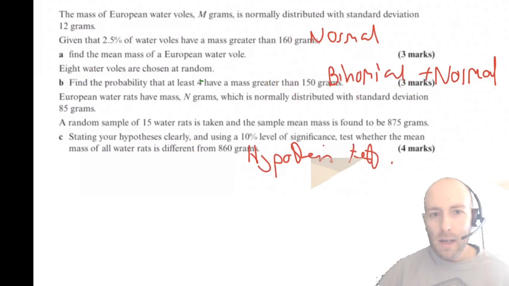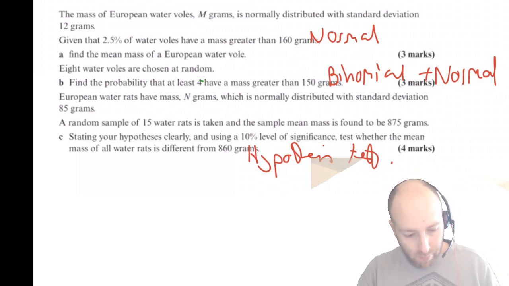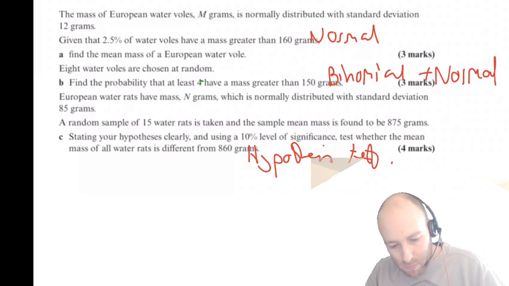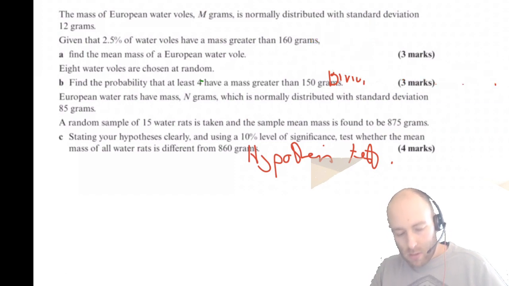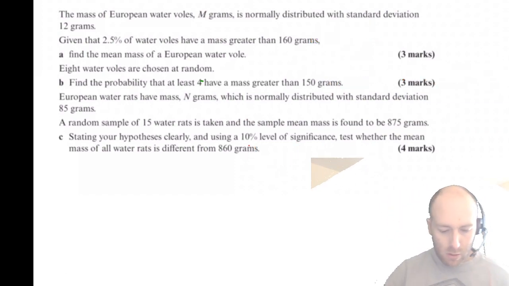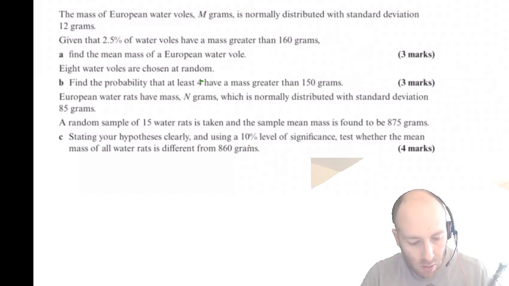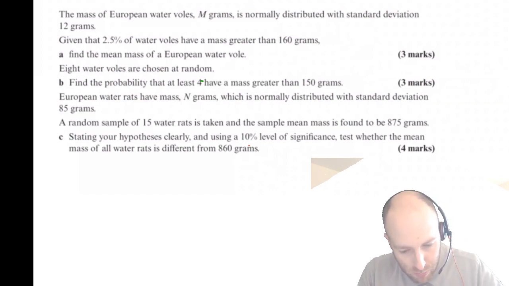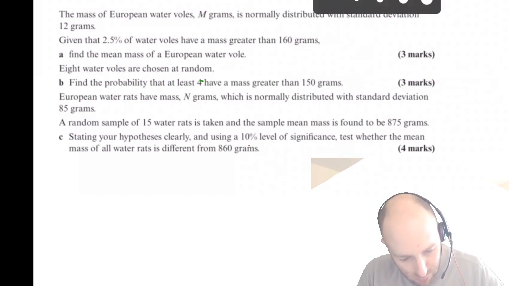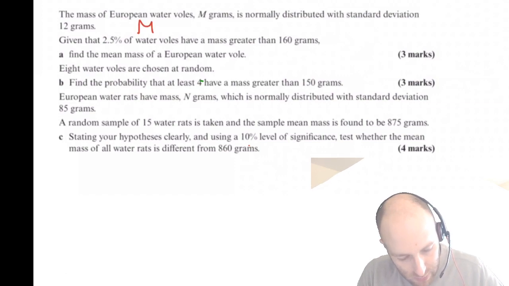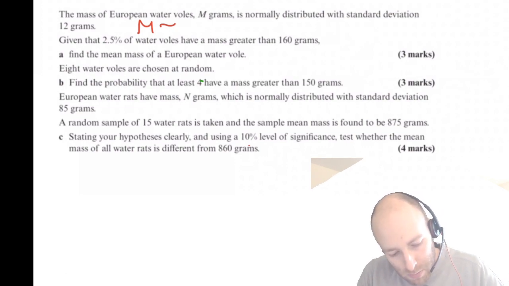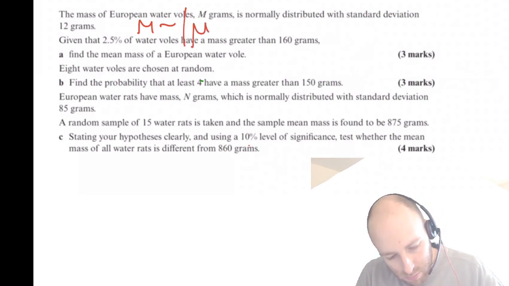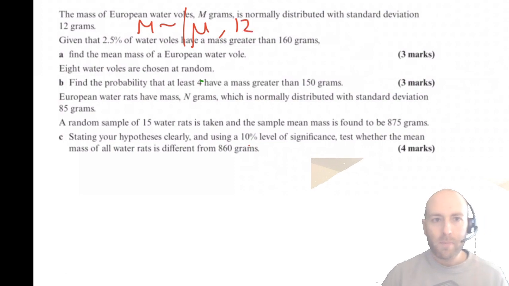Cool. All right, let's go through these then. So the first one, which is a regular normal distribution question. We're told these water voles are distributed with a standard deviation of 12, and we're trying to find the mean. Okay, so mean is unknown. We know the variance is 12 squared.